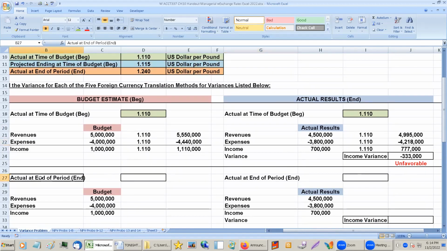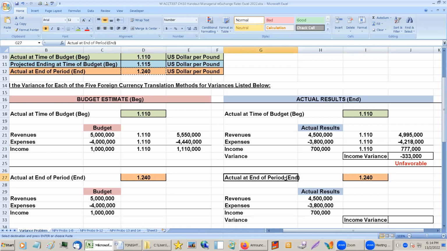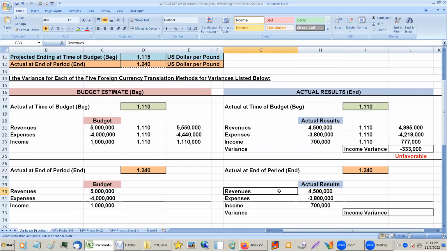Second one, actual at end of period. Copy the whole thing, I think.